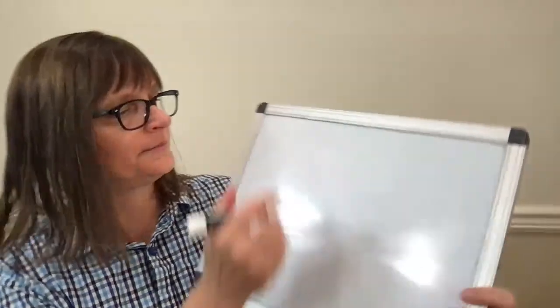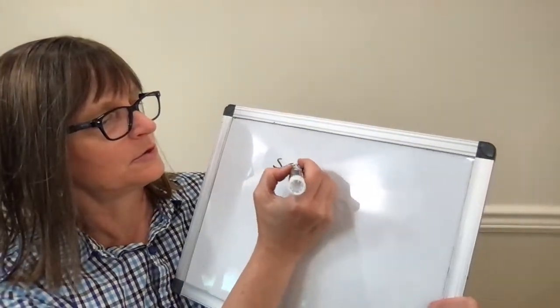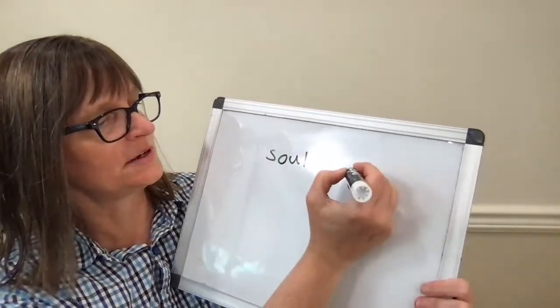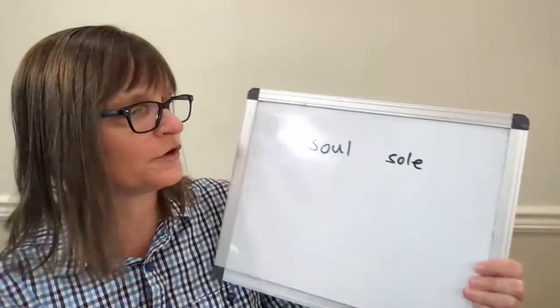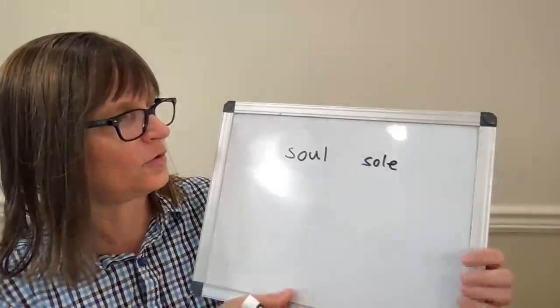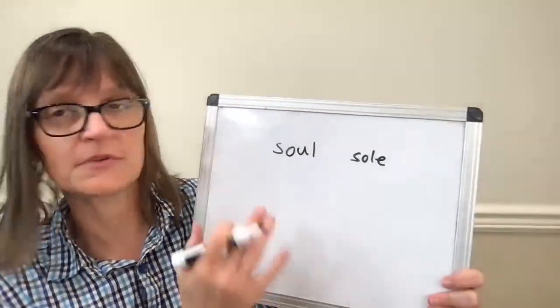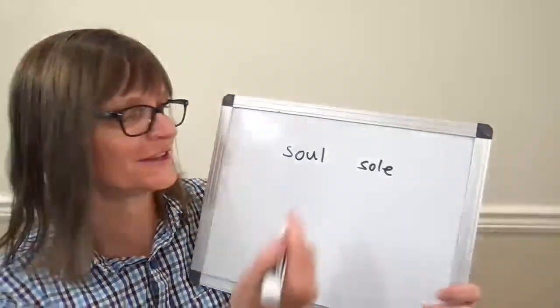Okay. We have a question about the words soul and sole. So soul, like the human spirit, and sole, like the sole of your shoe or your foot, same pronunciation for these two.